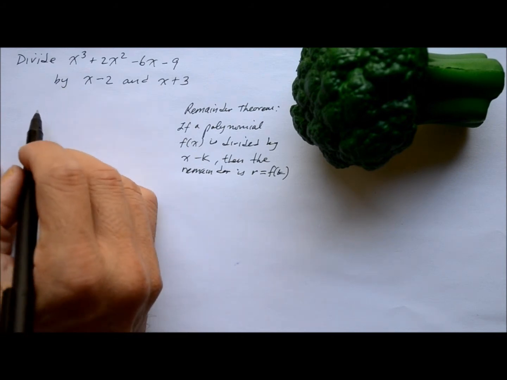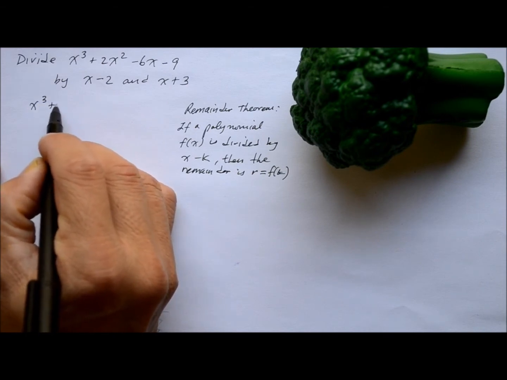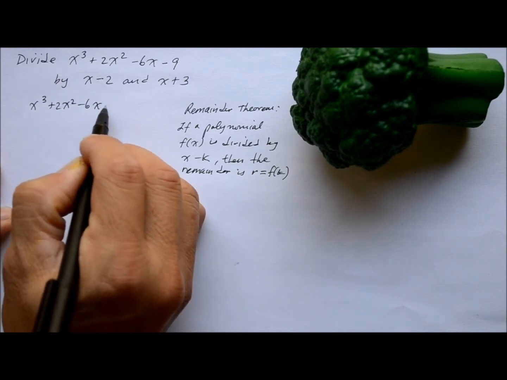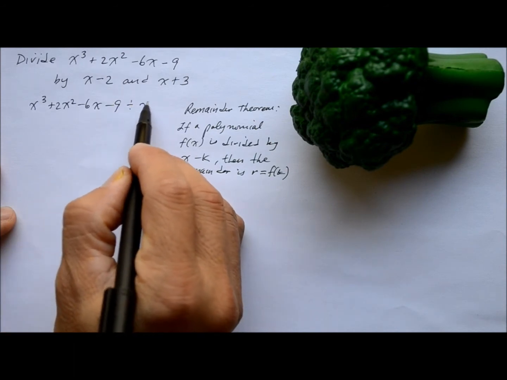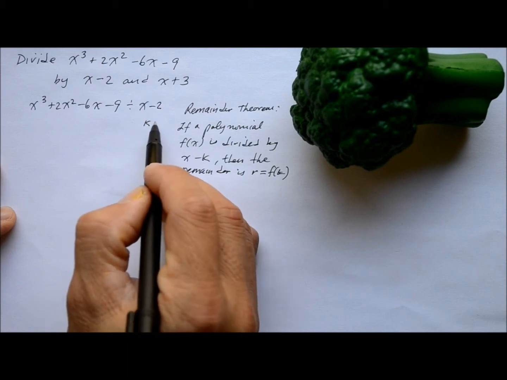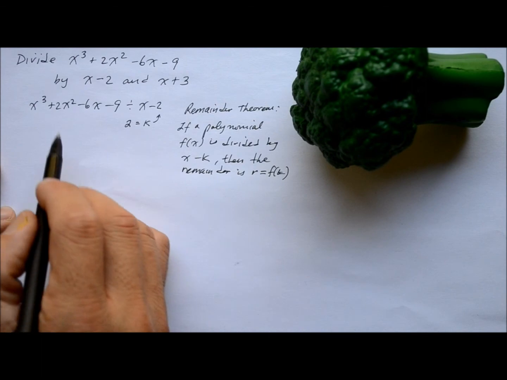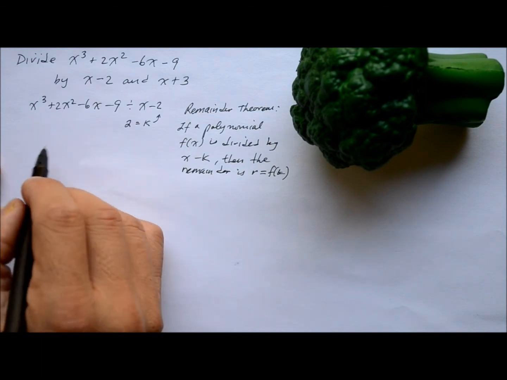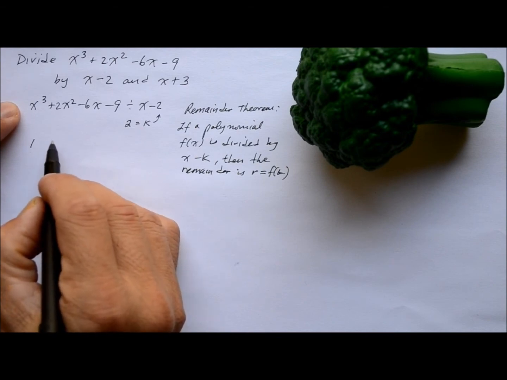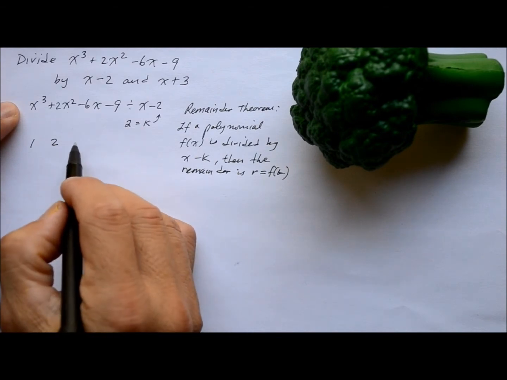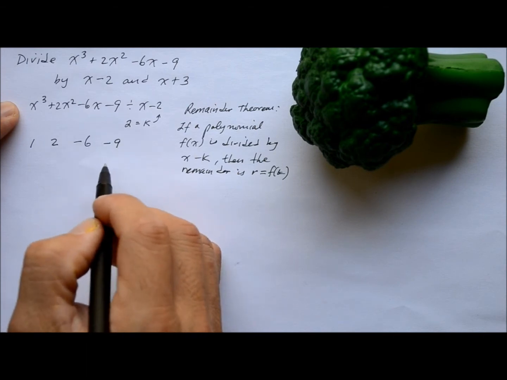We take our polynomial, x to the third plus 2x squared minus 6x minus 9, and divide it by x minus 2. k is the inverse of that, so it becomes positive 2. We take only the coefficients from the polynomial: 1, 2, negative 6, and the last constant, negative 9.